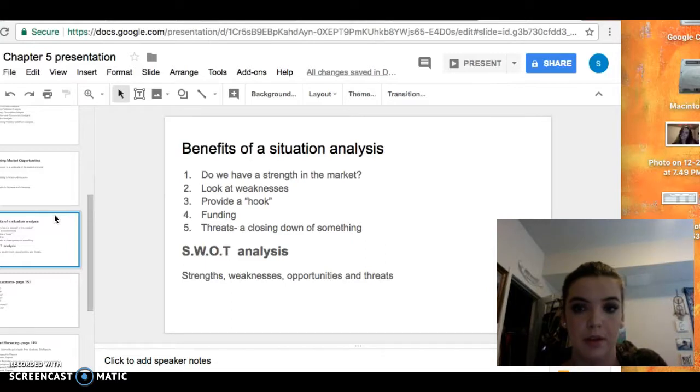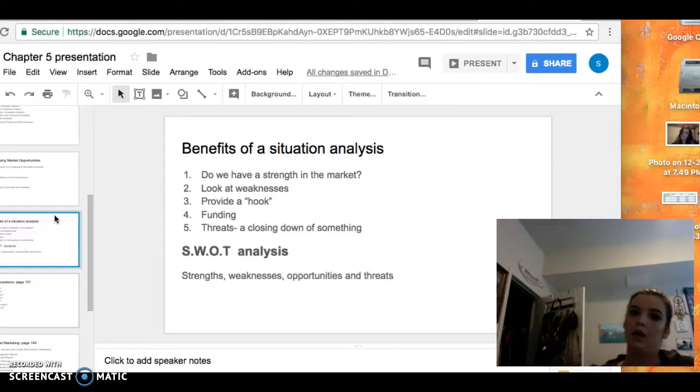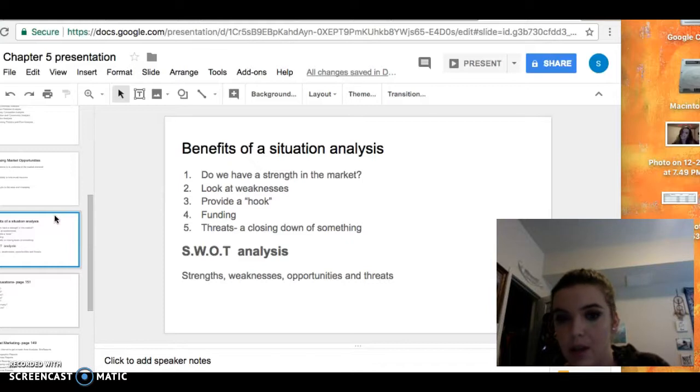So things you're going to be looking for when dealing with a situation analysis is, do we have a strength in the market? Look at your weaknesses, opportunities, and threats. I think those are pretty self-explanatory. And then the SWOT analysis is strengths, weaknesses, opportunities, and threats, which goes along with the situation analysis as well.